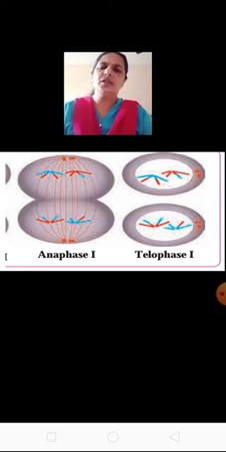One set of chromosomes fully comes down and one set of chromosomes goes up. That means only half the number of chromosomes are present in telophase. That means haploid number. You get 2 daughter cells which are haploid. Haploid means only half the number of chromosomes are present in each of the daughter cells. So after meiosis 1, you get 2 haploid daughter cells.